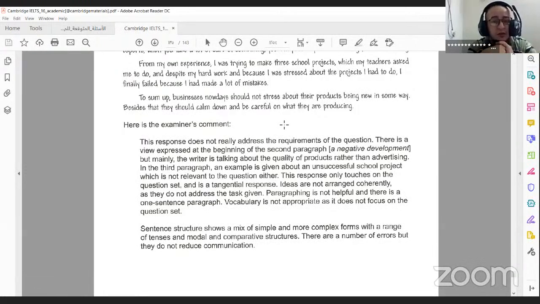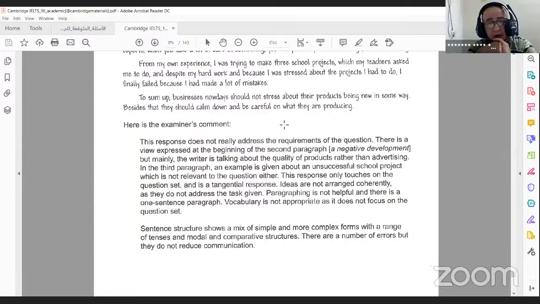This response does not really address the requirements of the question. There is a view expressed at the beginning of the second paragraph, a negative development. But mainly, the writer is talking about the quality of products rather than advertising. In the third paragraph, an example is given about an unsuccessful school project, which is not relevant to the question either.